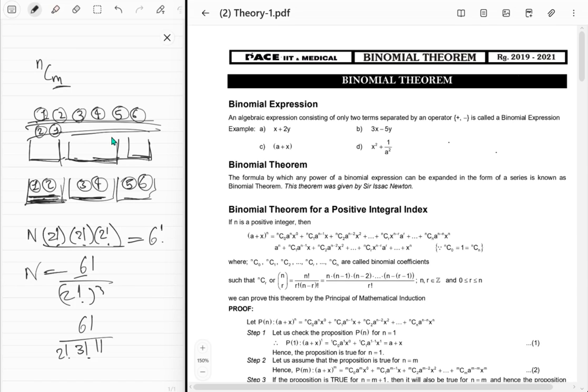Similarly, if you wanted to select 2 sets of, let's say, p and q elements, then you would in fact be partitioning into 3 sets of p, q, and n minus p minus q, right? So going with the same logic, this thing will just become n factorial upon m factorial times n minus m factorial.